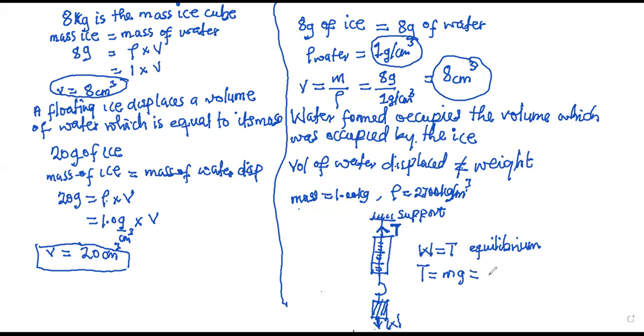The mass of the object is 1 kilogram, so 1 kilogram times acceleration due to gravity, 10 meter per second squared. So the tension in the spring under this condition is equal to 10 Newton. This is the tension in the spring before it is immersed in water. So the tension in the spring is equal to the weight of the object in air.